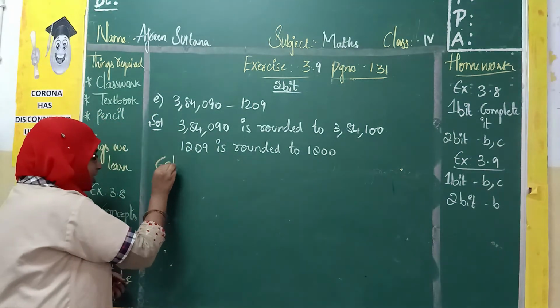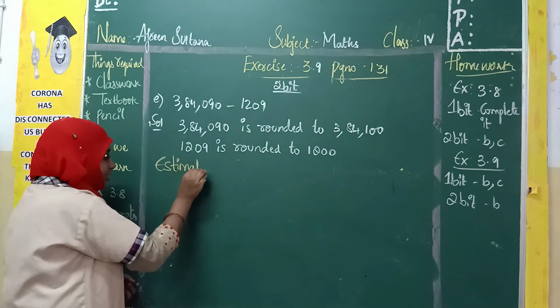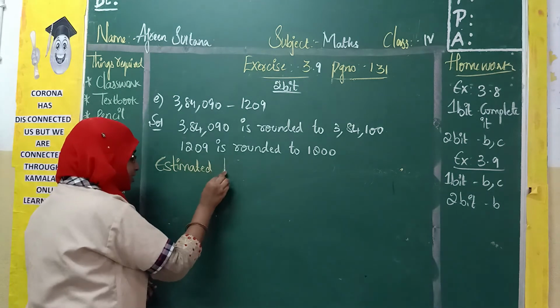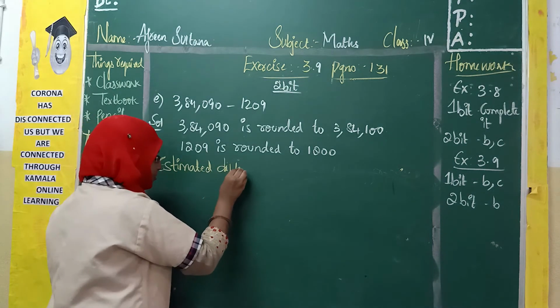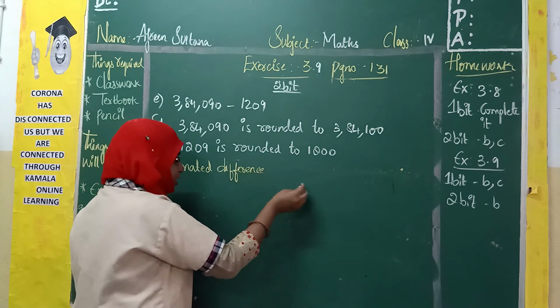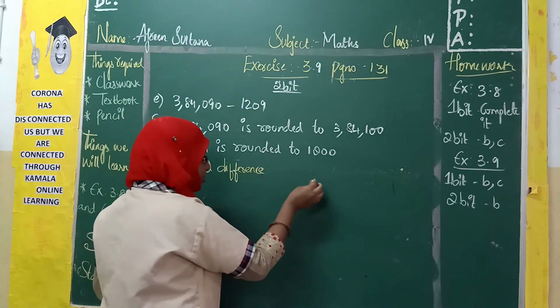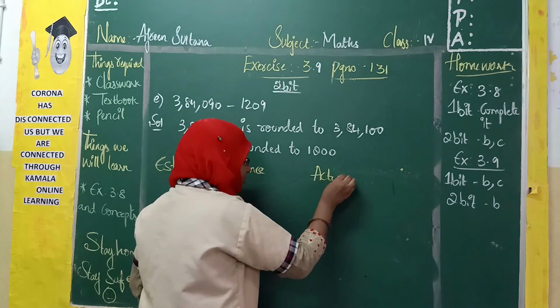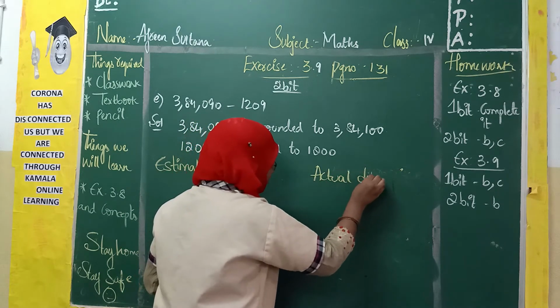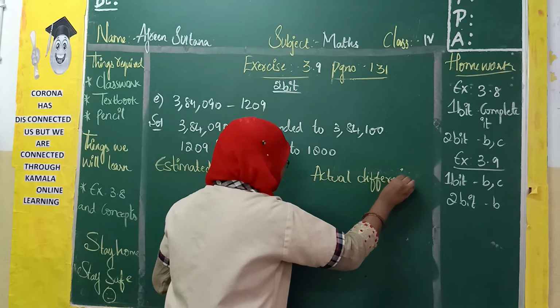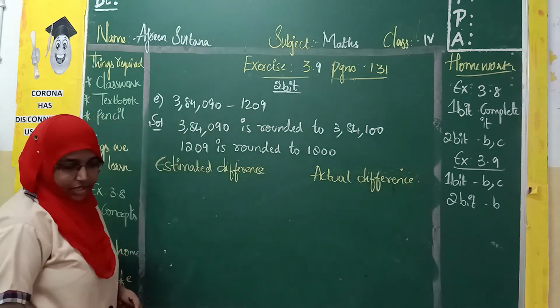So the estimated difference, and next one is the actual difference. What is the estimated difference?